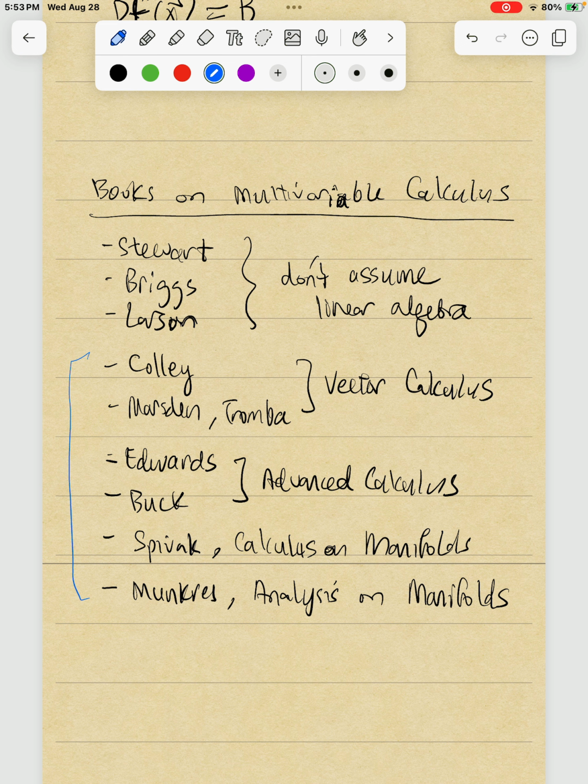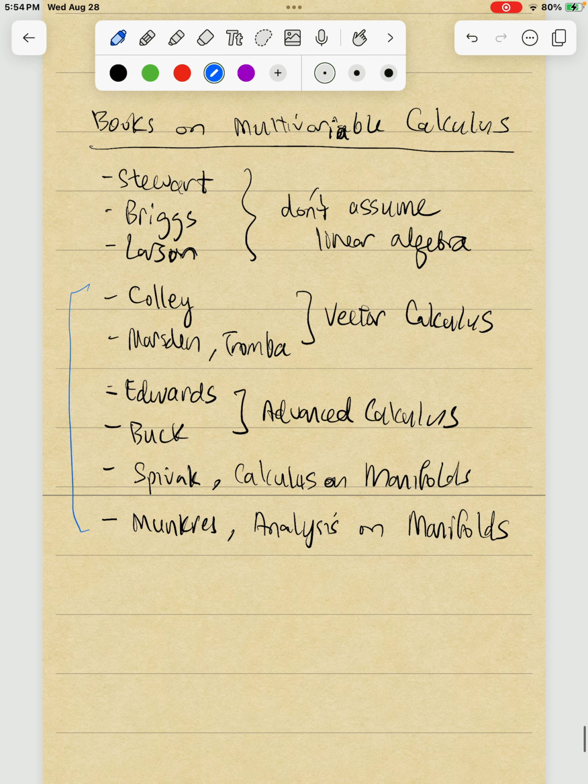So derivatives, partial derivatives, the multivariable calculus chain rule, the gradient, and things like that, the tangent plane. But discuss it more using linear algebra and with more theorems and proofs and that kind of thing, and less just kind of hand-wavy explanation.